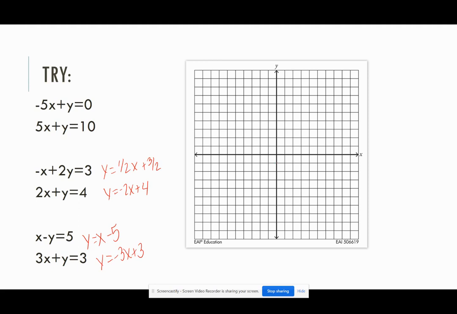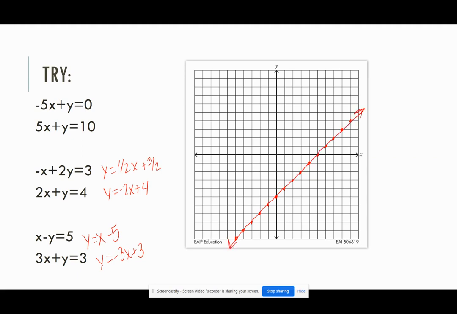So minus 5 goes down 1, 2, 3, 4, 5. And we go by ones again. And we connect as best as we can. My hand's a little shaky today.